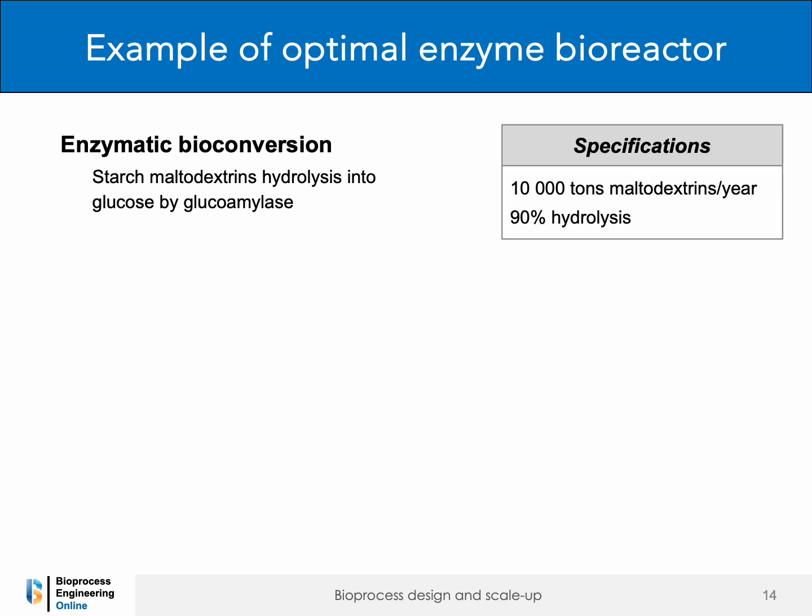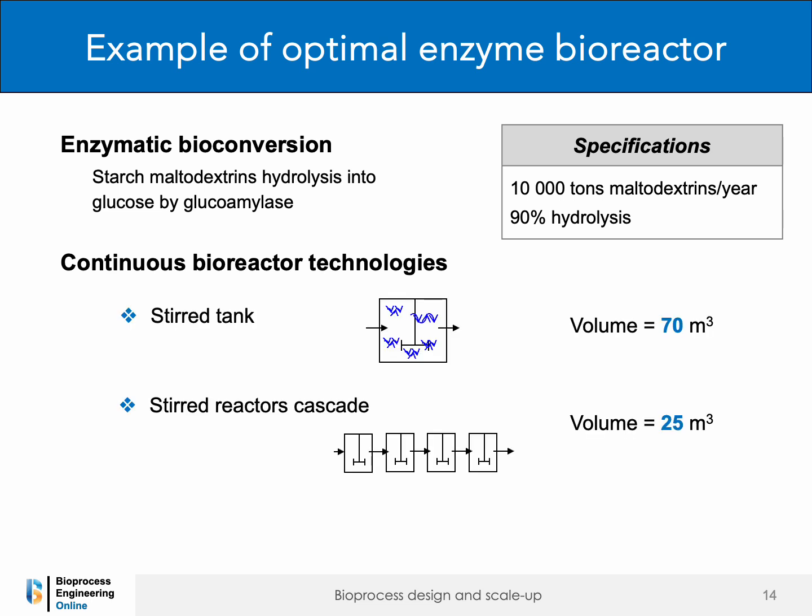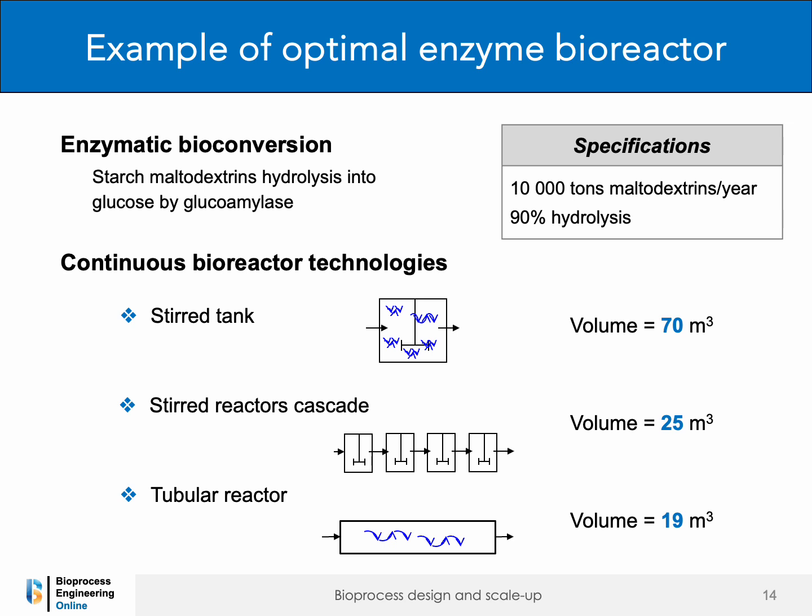For a reactor designed to process 10,000 tons of maltodextrins annually, with an objective of achieving 90% hydrolysis, the sizing of continuous reactors under identical operational conditions yields significantly different required volumes. 70 cubic meters for the stirred reactor, 25 cubic meters for the total volume of the cascade of 4 stirred tank reactors, and 19 cubic meters for the tubular reactor. Consequently, the tubular reactor technology proves to be the most efficient for the continuous starch bioconversion.